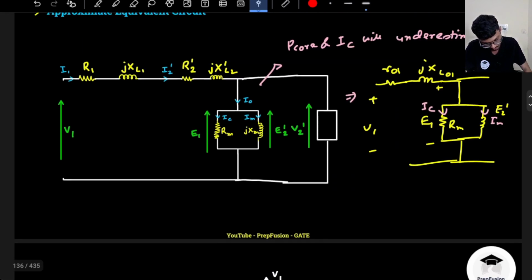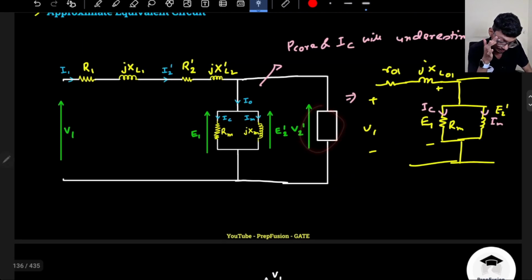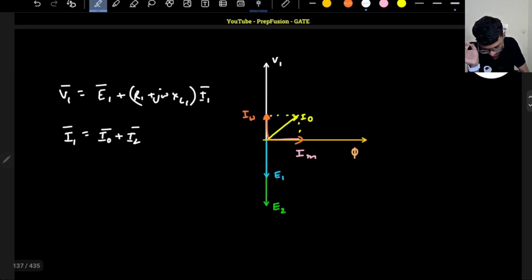V2 and E2 dash are the same, that is what we have approximated. So this will also be equal to V2 dash only.